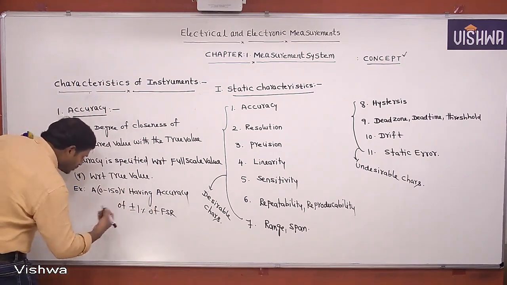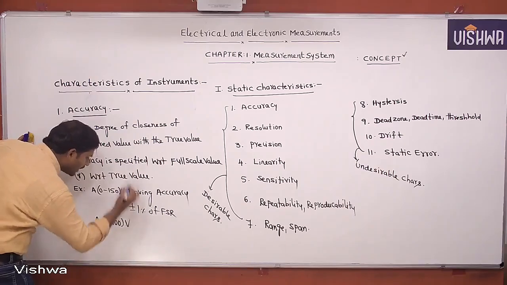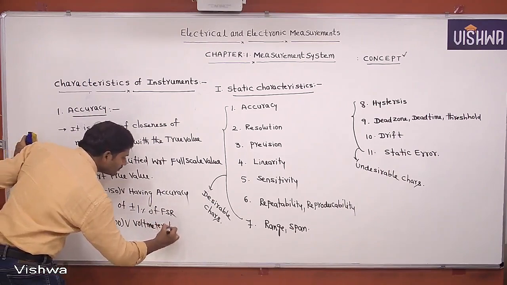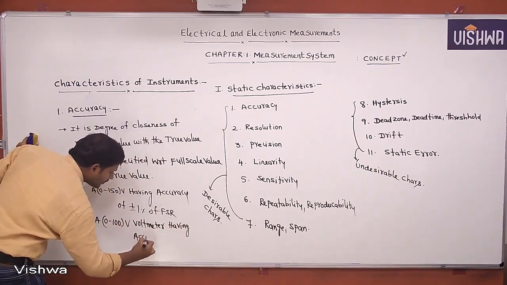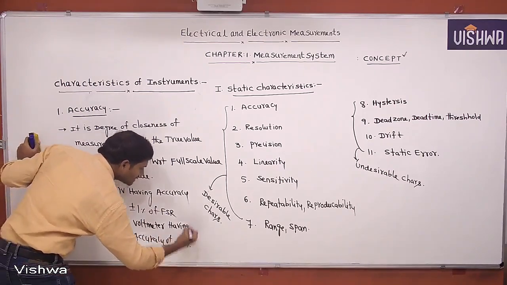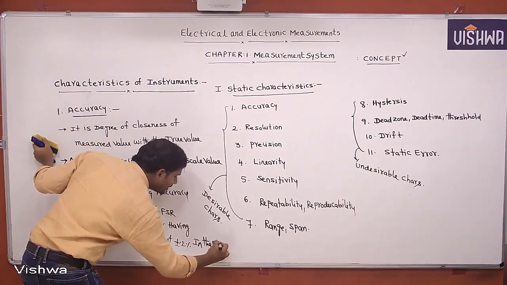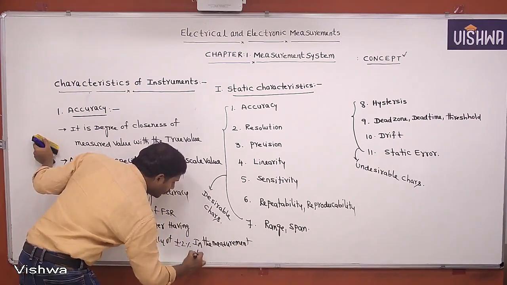But you can also specify like this: a 0 to 100 volts voltmeter having accuracy of plus or minus 2% in the measurement of 40 volts.